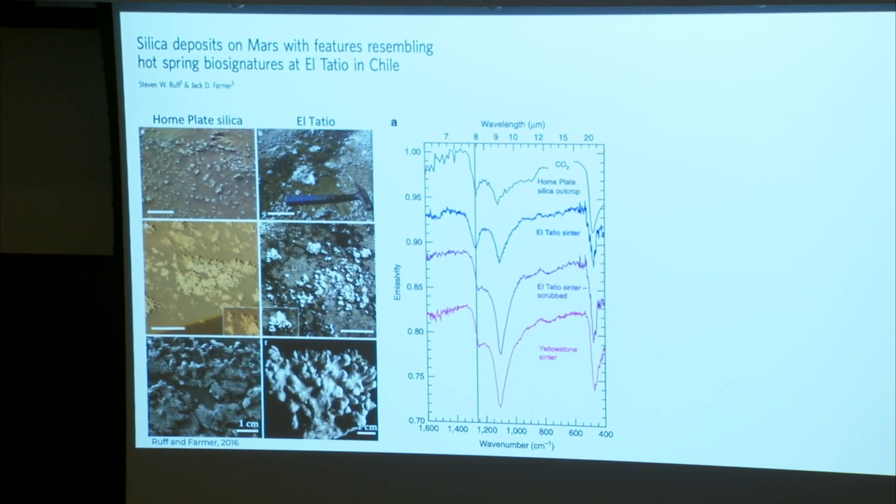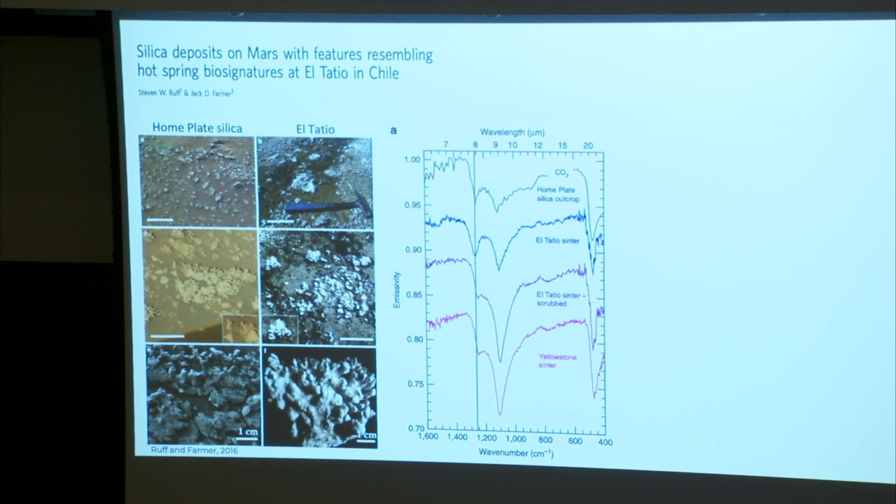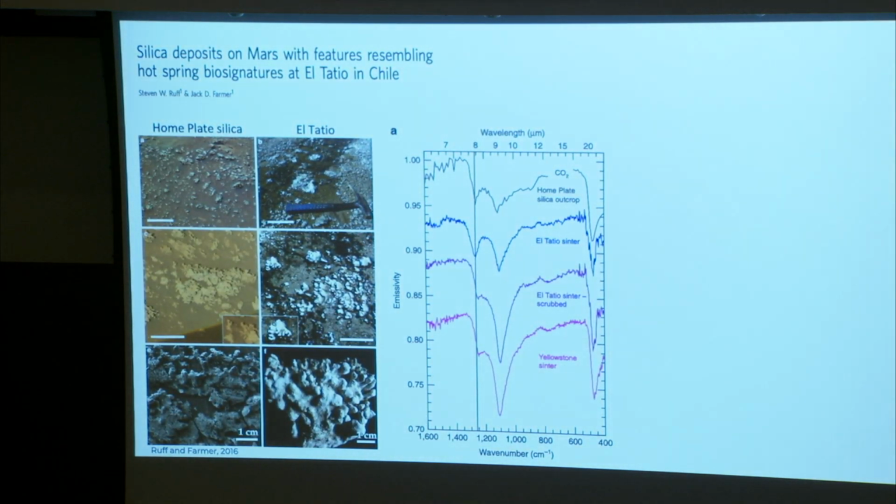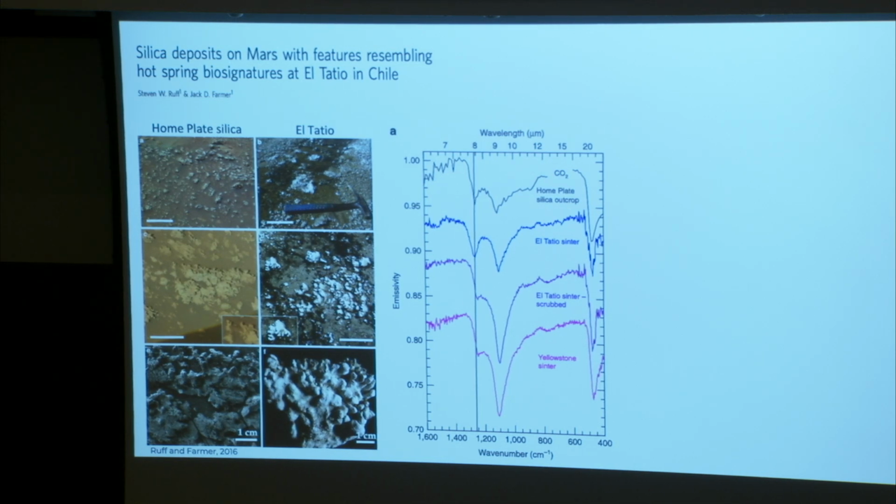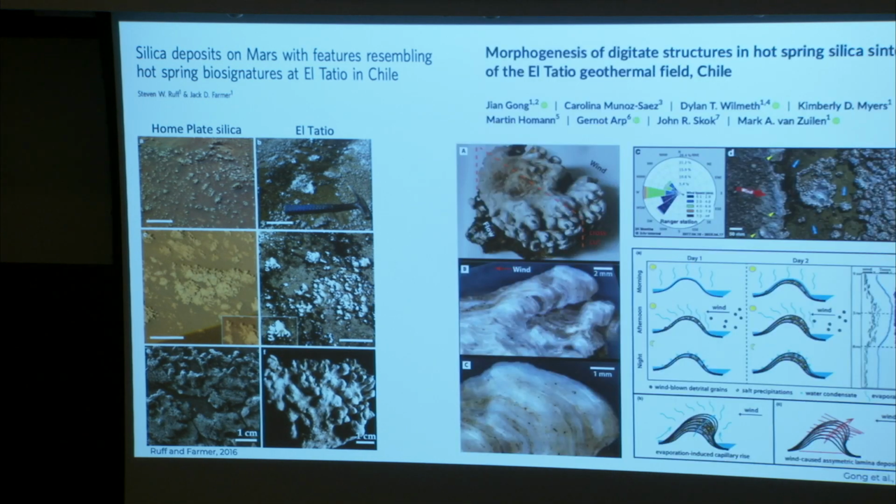They speculate that we could potentially use these digitate structures as biosignatures. And that's because, of course, in modern hydrothermal systems, you've got a lot of microbes living there. But the question is, does the morphology really require the presence of microbes or not? So what is actually forming these structures?